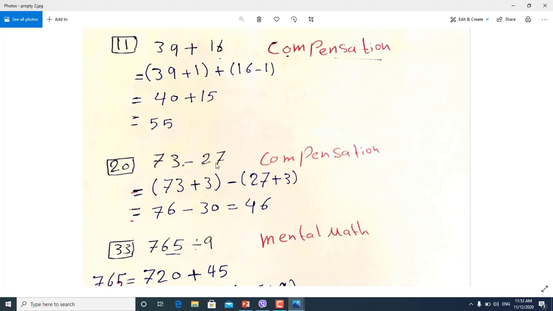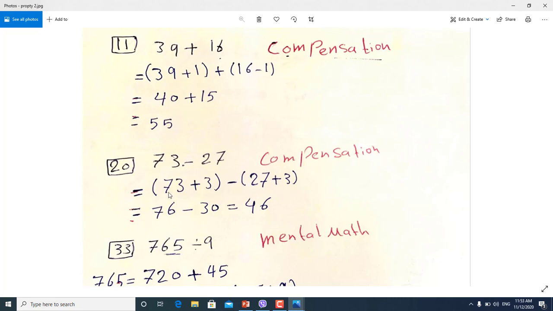So when you add 3 to this 27, you must also add the same number to the other number, because the sign is minus. So any number we choose, we will add to each number. So 73 plus 3 minus we will write, and 27 plus 3 we will write inside the parentheses.